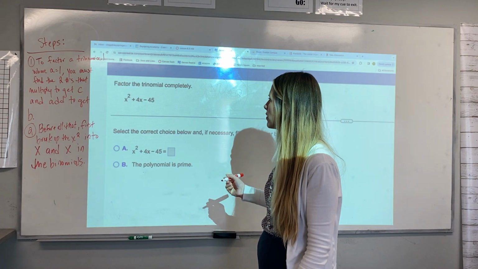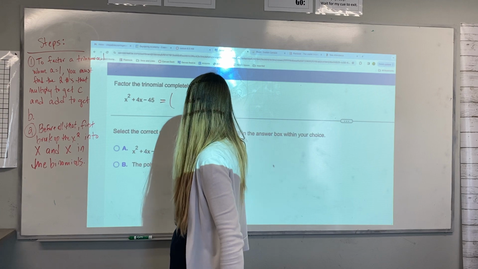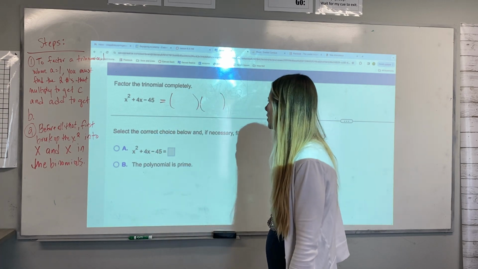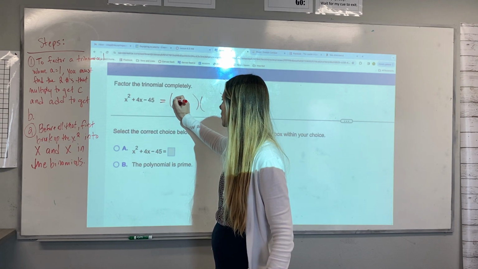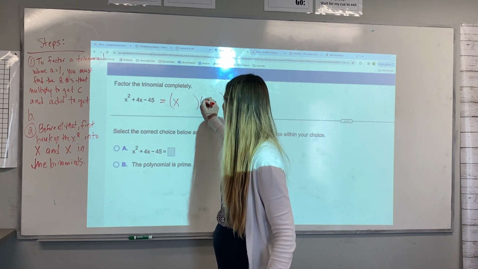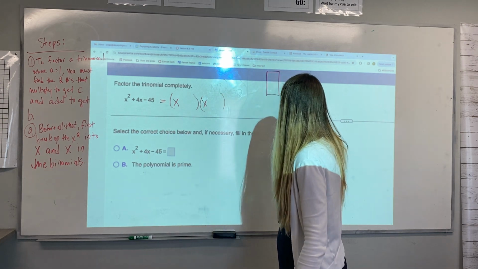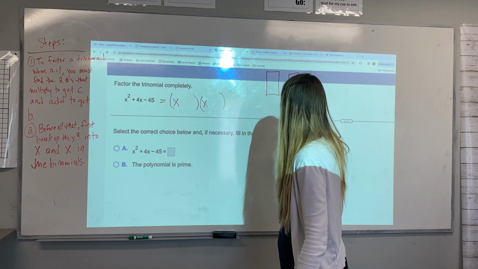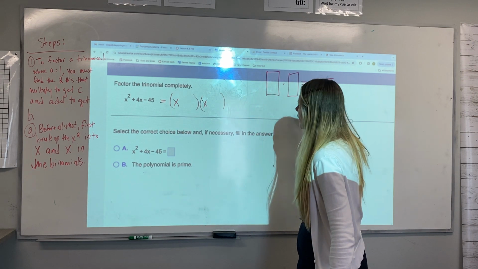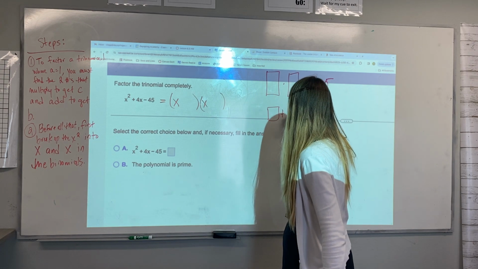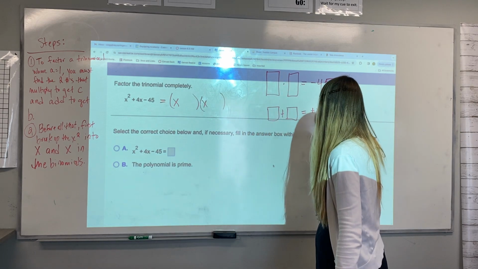So we're going to factor this trinomial completely, which basically means get those binomials. All right, we're doing the same thing. X squared gets broken down into x times x, and then we need to take these two numbers, draw a box times another box to get negative 45, and then a box plus a box equals positive 4.